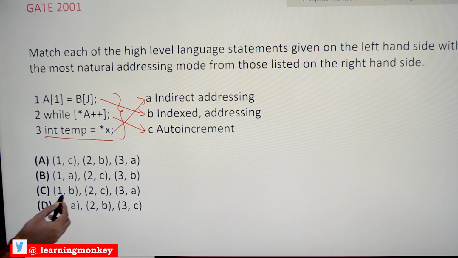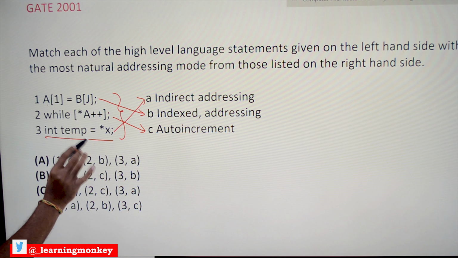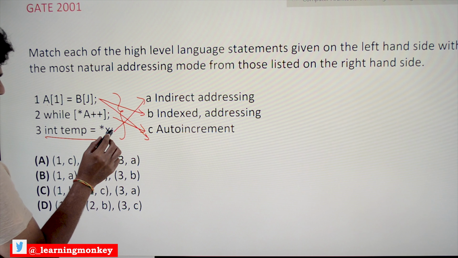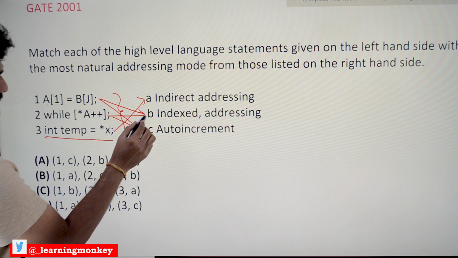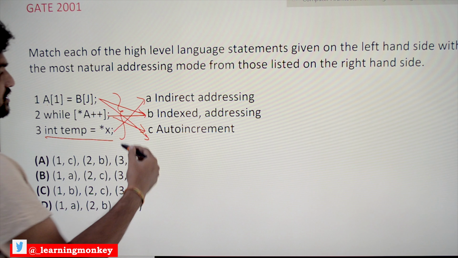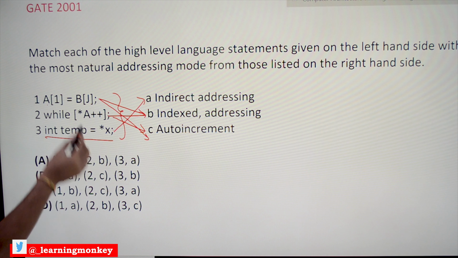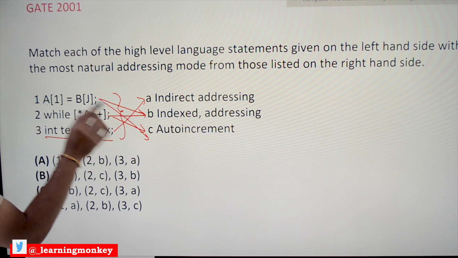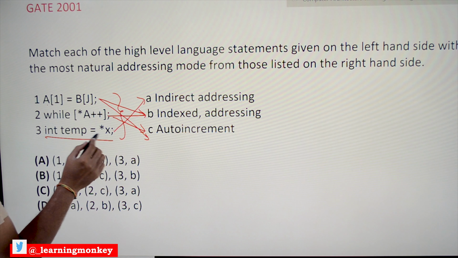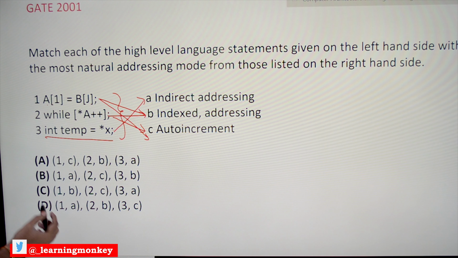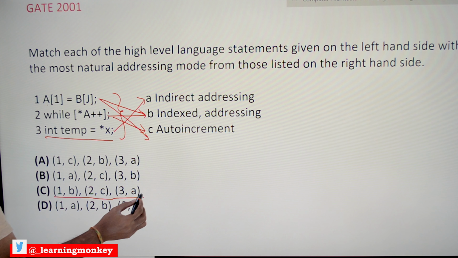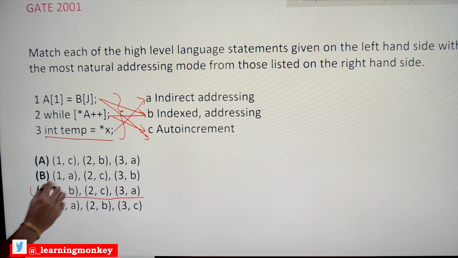Sorry, I made a mistake, I put the wrong arrow marks. The first one is B, the second one is C, and the third one is A. So the right option is C.